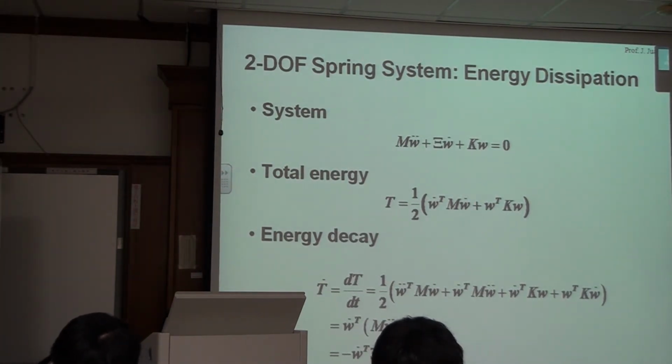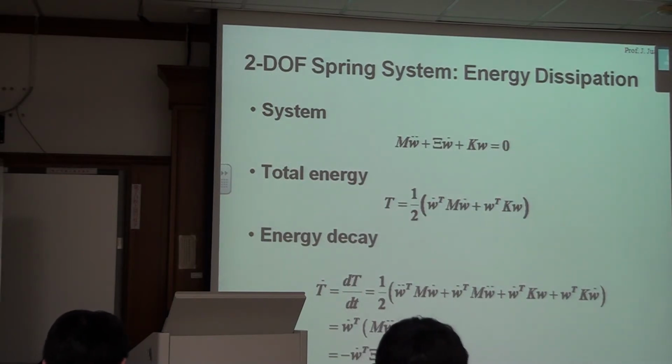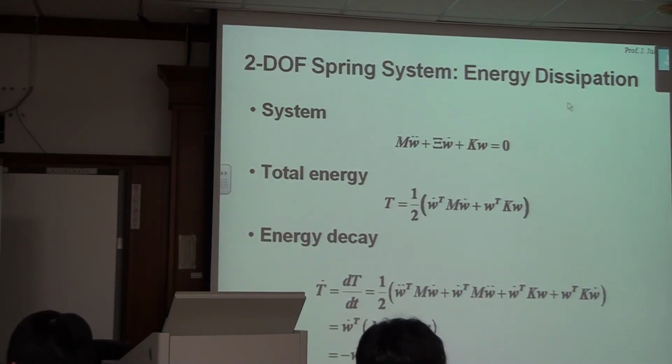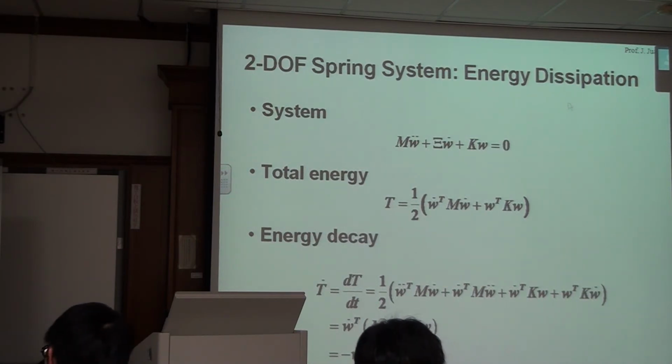Okay, so this is like this. Today, I'm talking about a very simple idea. How can we go from this passive TMD? I call it passive. Passive means no power required. Then it becomes this active TMD.